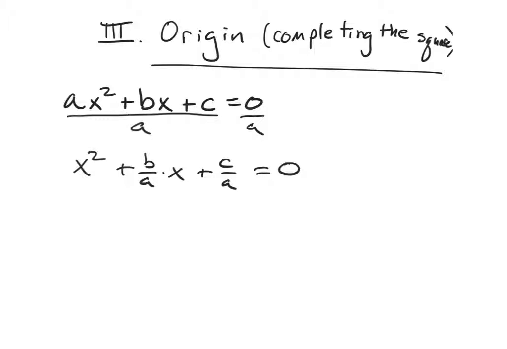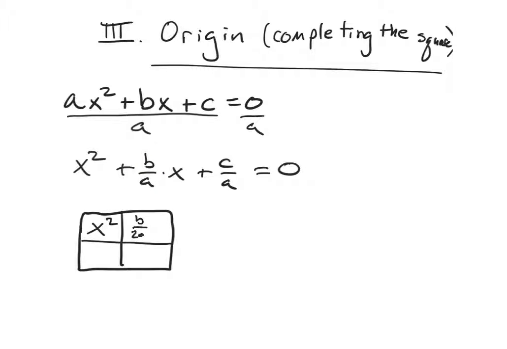So then you can make your square. Put the x squared in the upper left. You split your b over 2a evenly. So that means that you're going to get a b over 2a here and a b over 2a in the lower left. And so then when you're completing the square, you actually have to add that number.